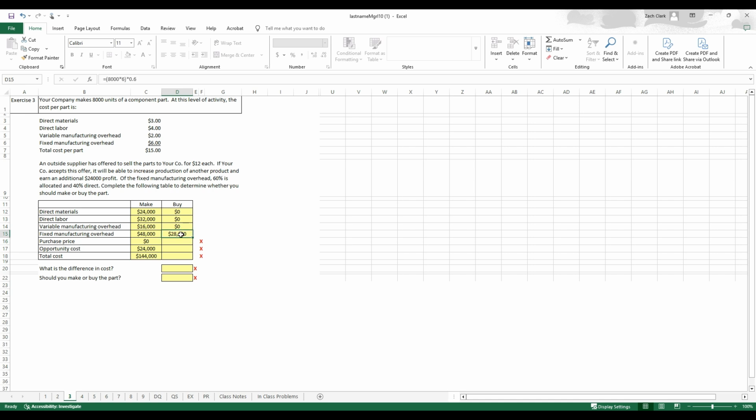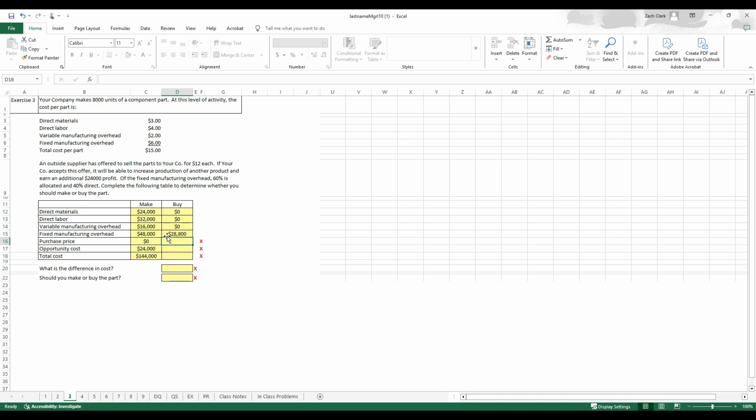So kind of like in the last problem we did, regardless of whether we shut down this segment of production, we're still going to incur 60% of that overhead. The 60% is not going away. 40% was direct, and that part goes away, but the allocated portion just has to be allocated elsewhere, essentially. So we kind of have to eat those costs there.